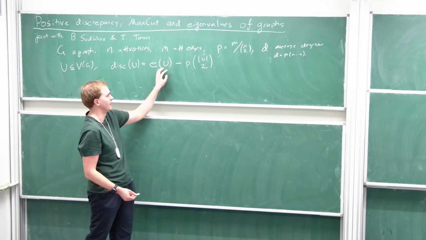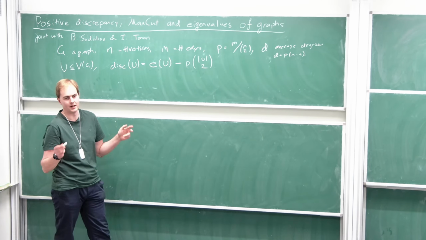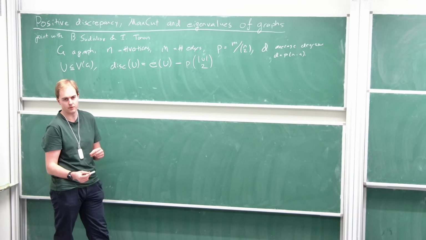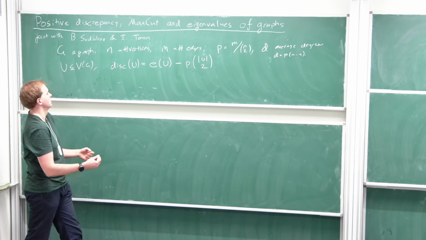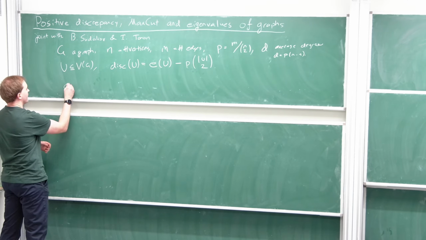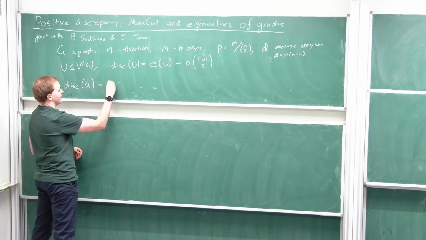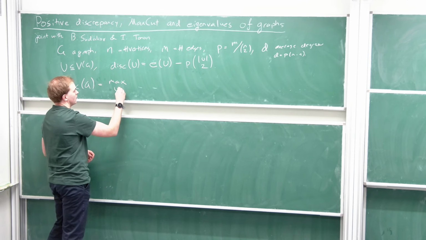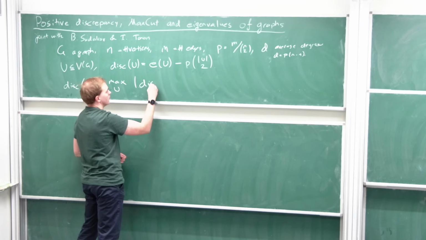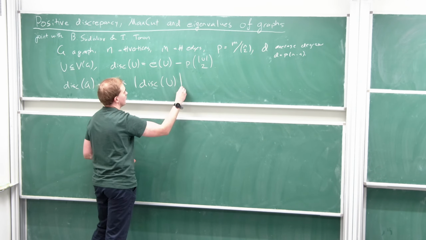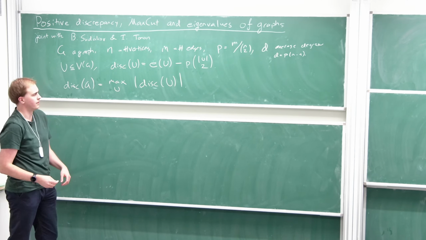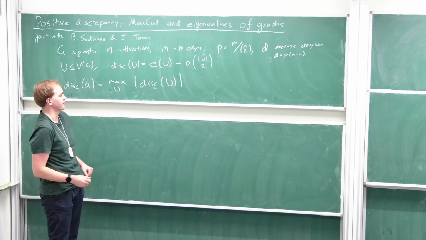So this is really how much the number of edges in U deviates from the expectation. And then we define the discrepancy of a graph G to be the maximum of the absolute value of the discrepancies of the sets.